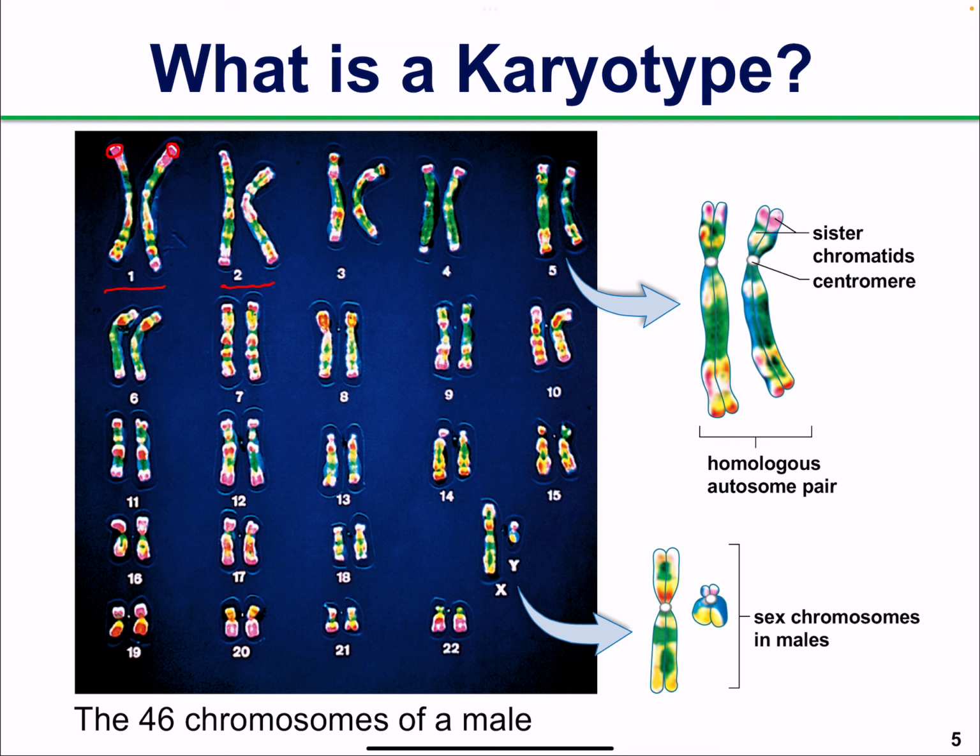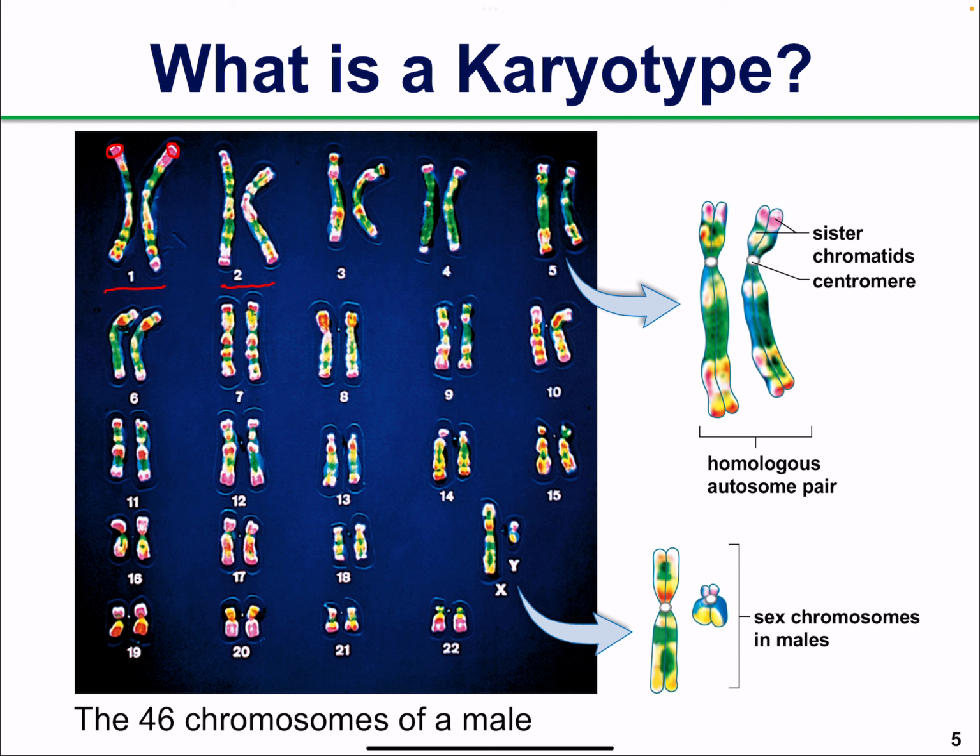That's what makes them homologous chromosomes. And you are going to see that on a karyotype, right? The first homologous chromosomes are the longest, and the 22nd homologous chromosomes are the shortest, right? So they are organized by size, but also by shape. And using that chart, the karyotype, we can tell if an individual has indeed 46 chromosomes or not, right? This karyotype we have here is the karyotype of a male, right?